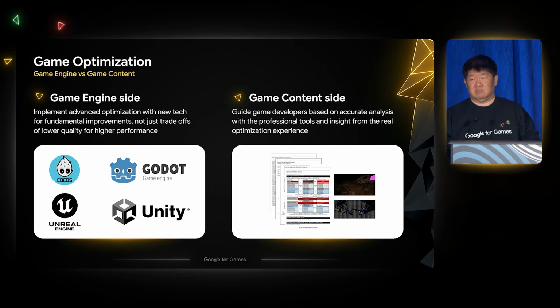We have a massive number of optimization patch sets, and we deliver them so game developers can customize their engine for their purpose. This combination of game engine optimization and content-side optimization fundamentally solves the problem, and can achieve both quality and higher performance.